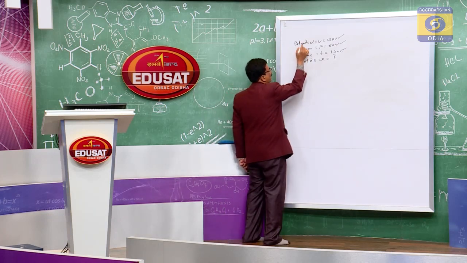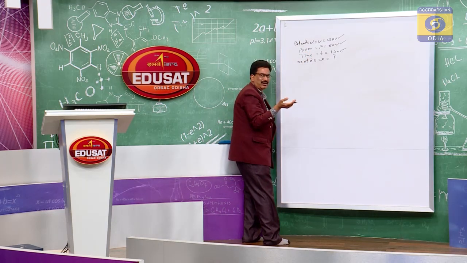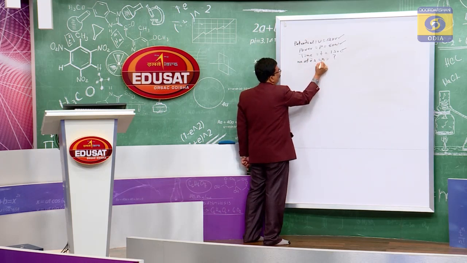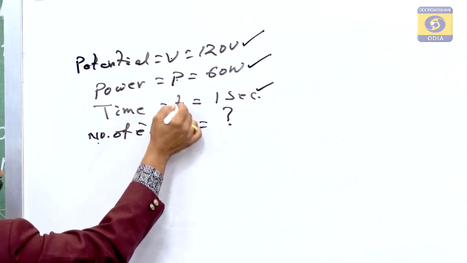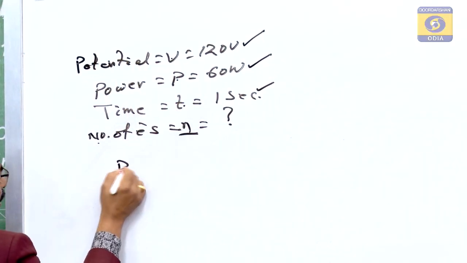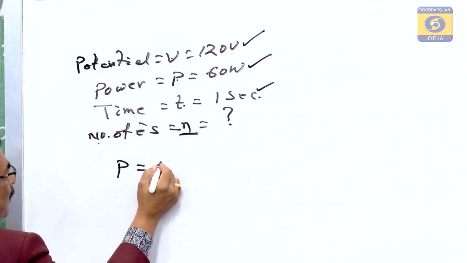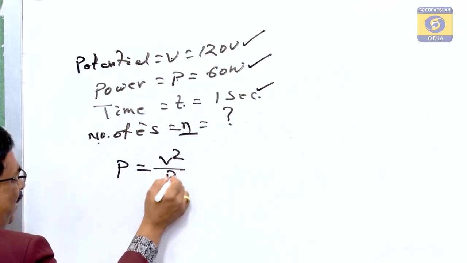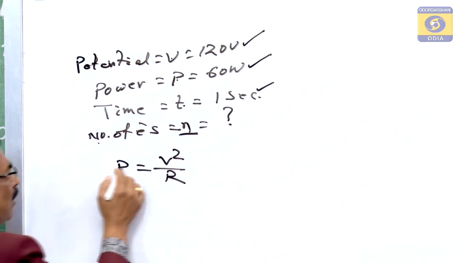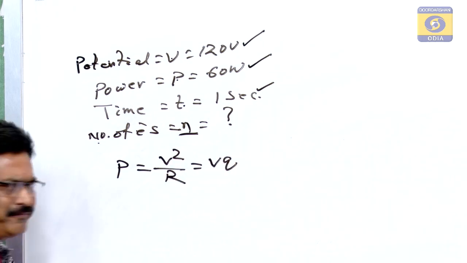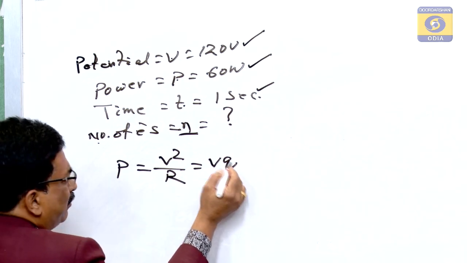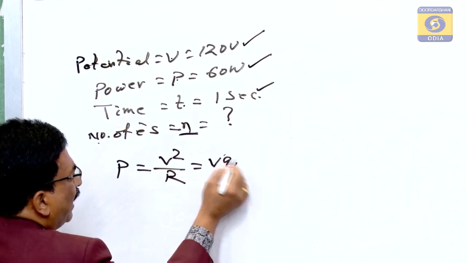Next we go to the formula. We are interested to find the number of electrons, that is n. Here P, V and T are given. So, we know P is equal to V square by R, or P is equal to VQ, and Q is equal to NE.